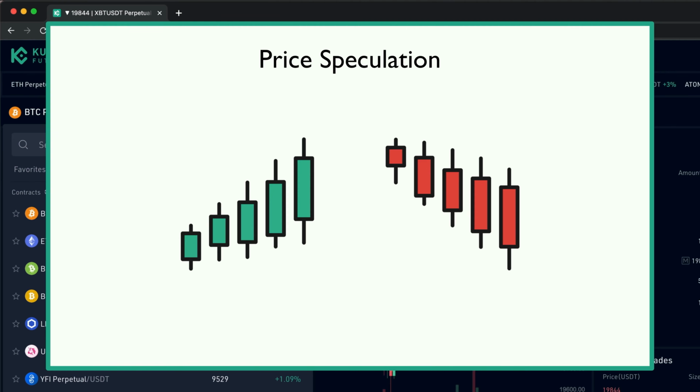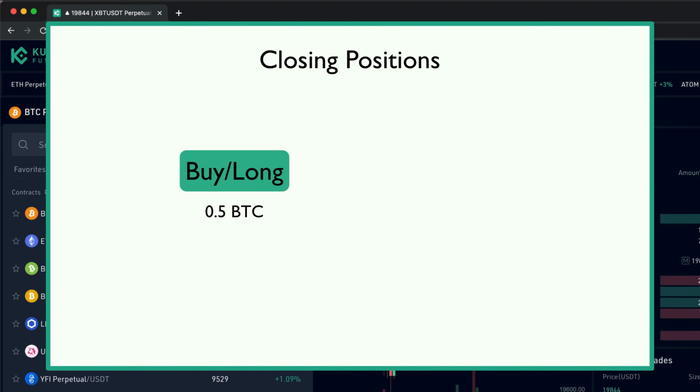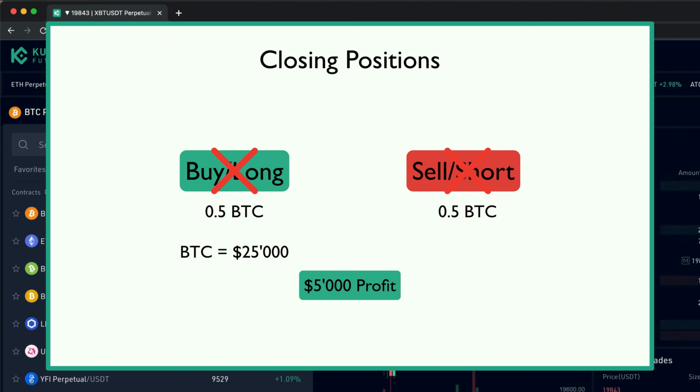In practice, we don't actually need to wait until a future contract expires to get out of our position. If we want to close our long position, all we need to do is open a short position for the exact same amount, and that will cancel out our long position, getting us out of the trade. The profit or loss is equivalent to the difference in price when we open the long position and when we open the short position.